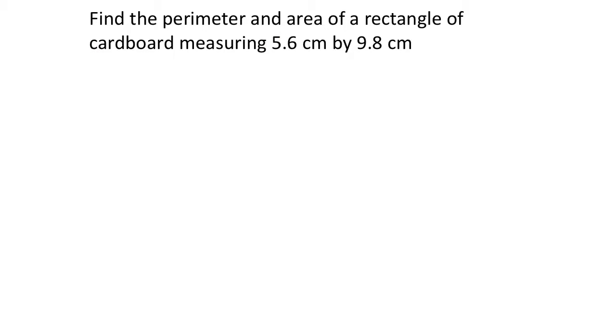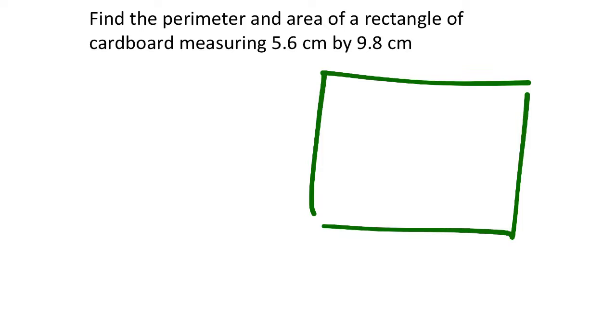All right, find the perimeter and area of a rectangle of cardboard, whatever. Doesn't matter what it is. Measuring 5.6 centimeters by 9.8 centimeters. All right, we can do that. In fact, I'll draw the picture of it just because, I don't know, pictures are pretty. So 5.6 centimeters and 9.8 centimeters.